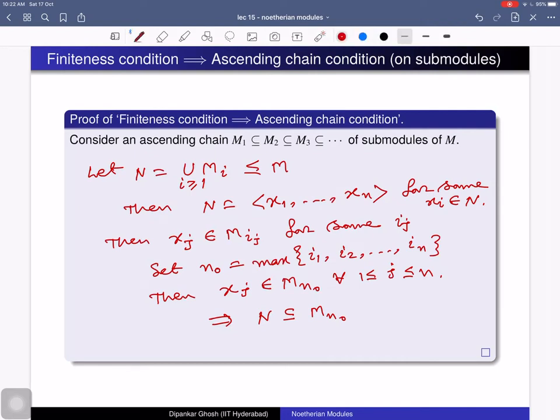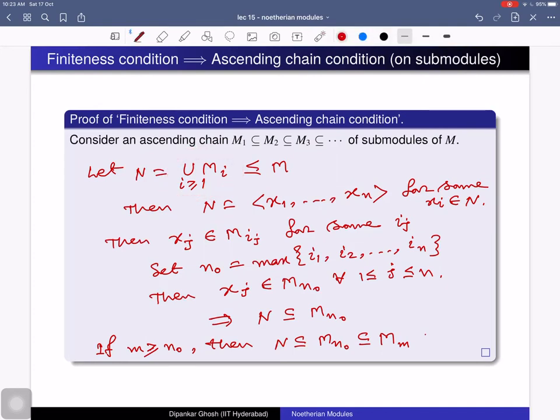How to prove that? If we consider m greater than or equal to n naught, then we already have this relation, N is contained in M_n0. But if we consider a bigger index m, greater than or equal to n naught, then M_n0 is contained in M_m, because we have considered this ascending chain, and everything is happening inside this union.